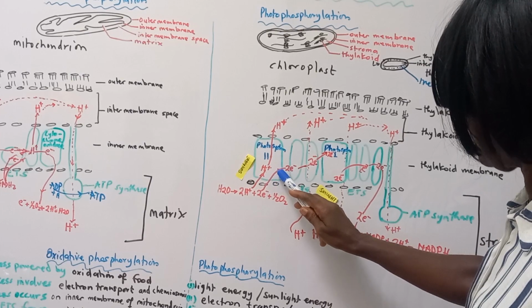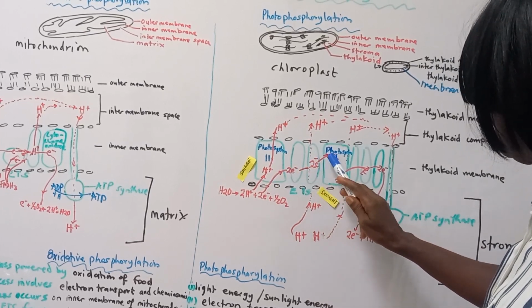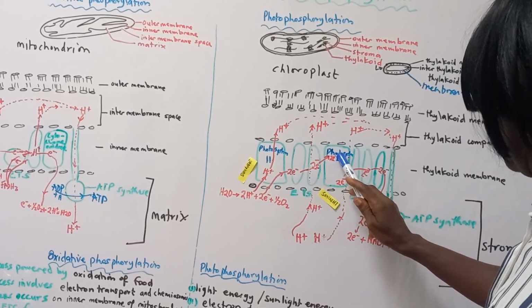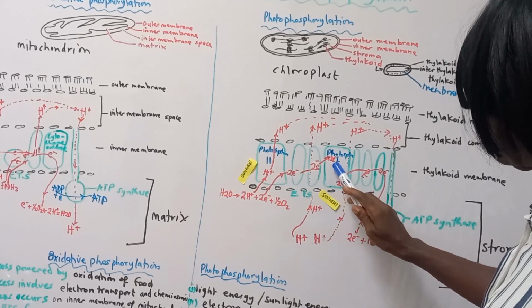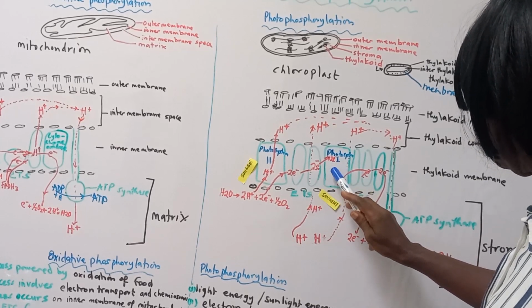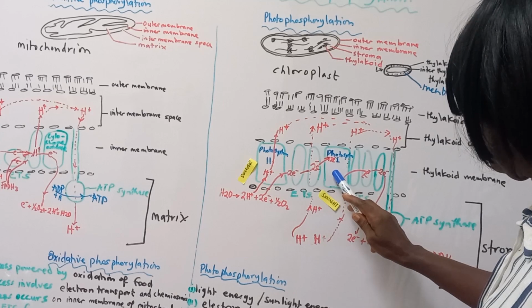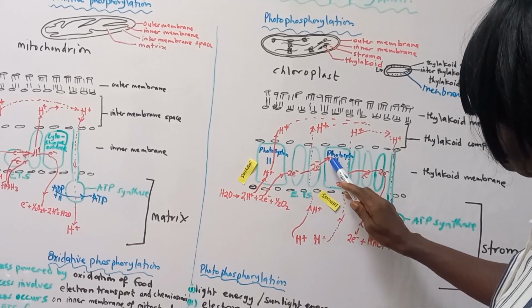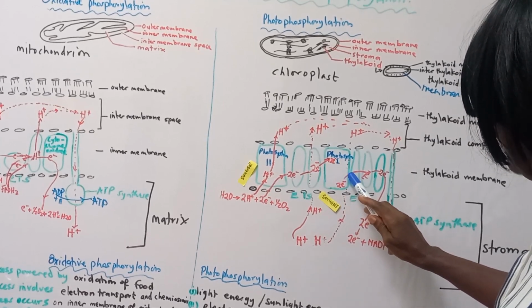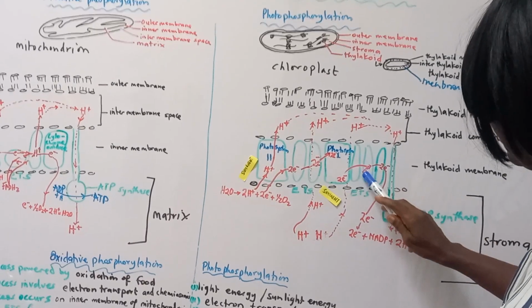The electrons are carried through into photosystem 1 because sunlight energy hits photosystem 1 and the electrons in the chlorophyll are excited, so the electrons are released and go through the electron transport system.